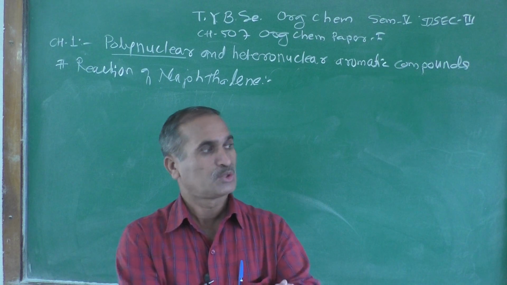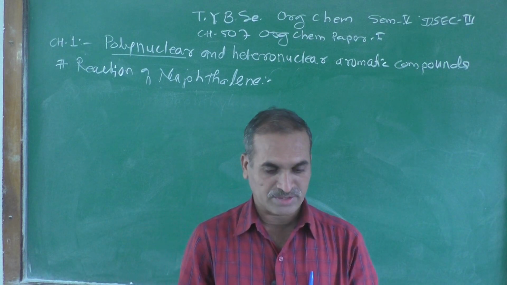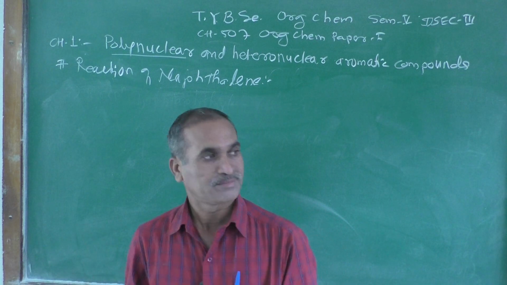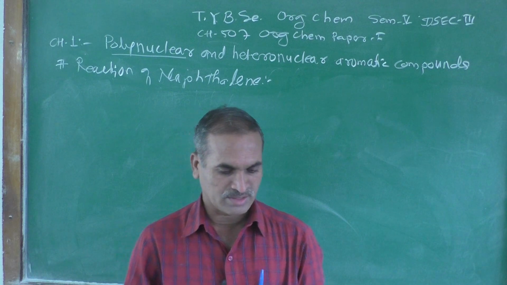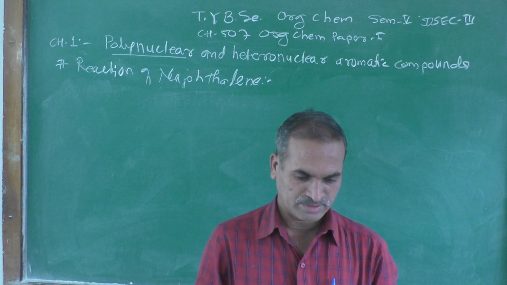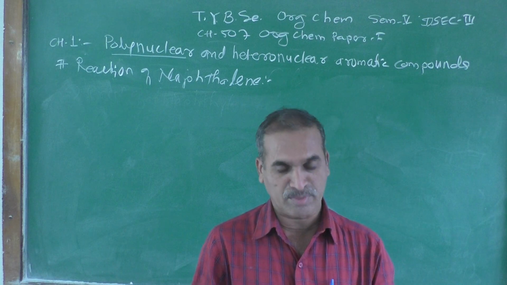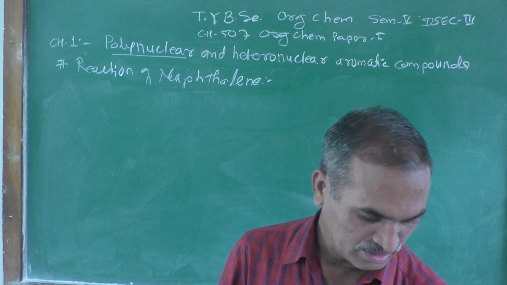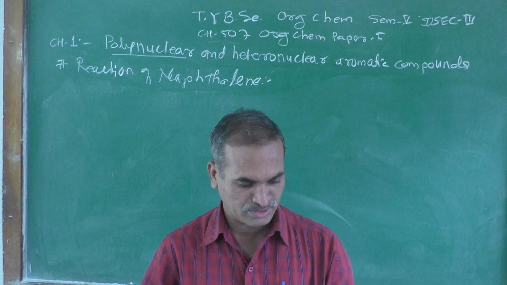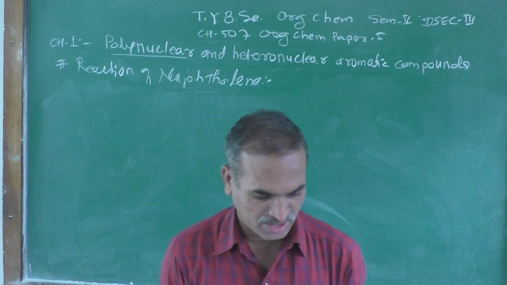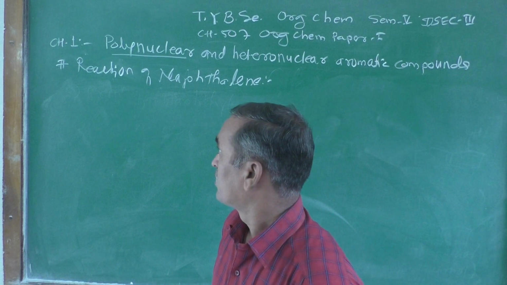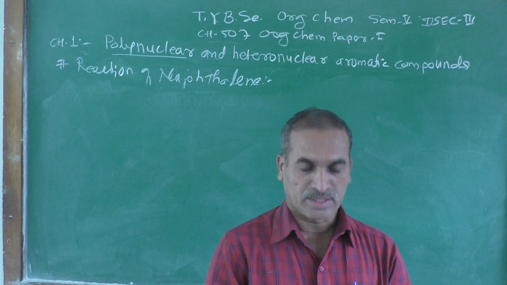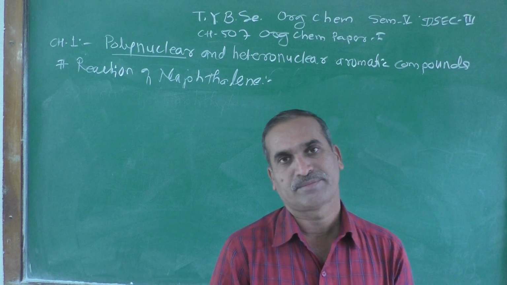These are the two main reactions which occur in aromatic compounds. They readily undergo electrophilic substitution reaction, and that is known as the Friedel-Crafts reaction. Two types of reactions generally take place, and I think with this let us stop today here.